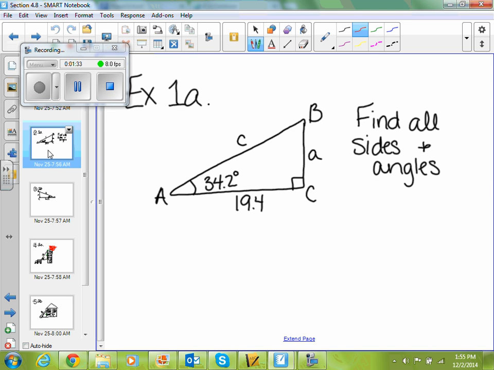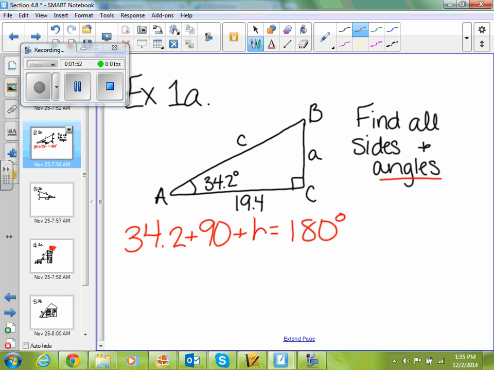I'm going to start with our angles because we know that all angles in a triangle have to add up to 180 degrees. I also know that angle A is 34.2 degrees. Angle C is 90 degrees because it's a right triangle. So what I need to find is angle B.